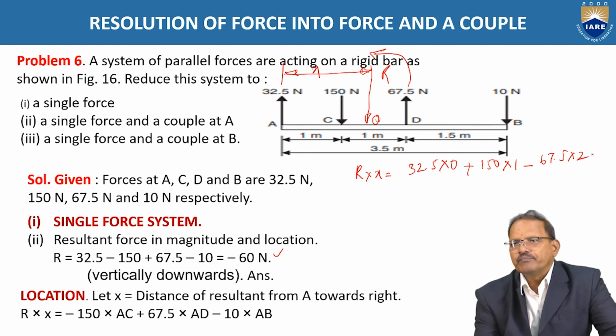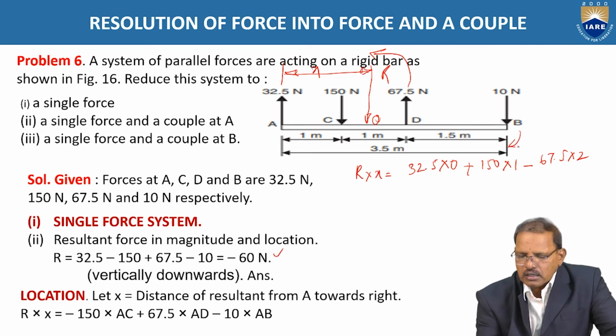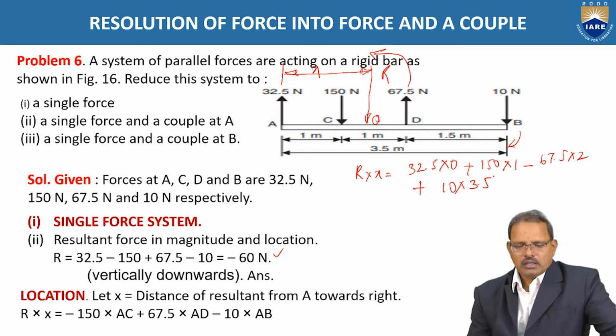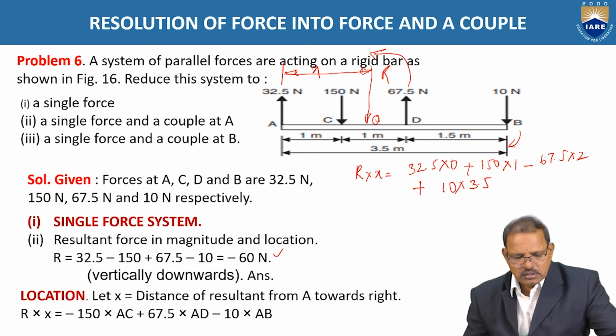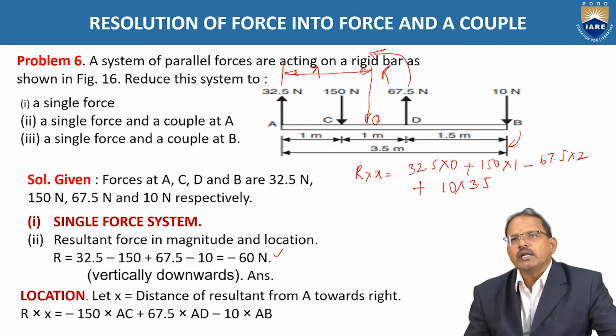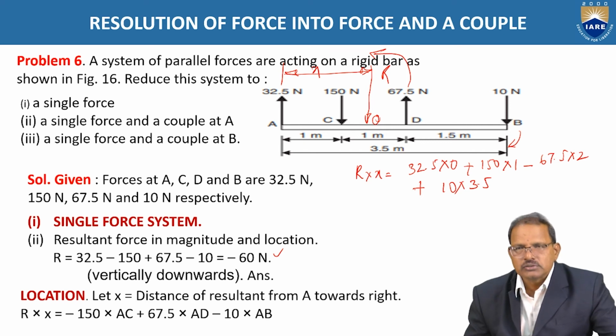Again at B, it tends to rotate the body in clockwise direction, hence positive, that is 10 into the distance 3.5. Here R is also acting downward, hence the moment created by the resultant force at A is also in clockwise direction, hence treated as positive.